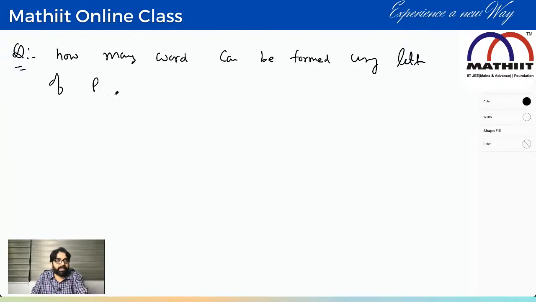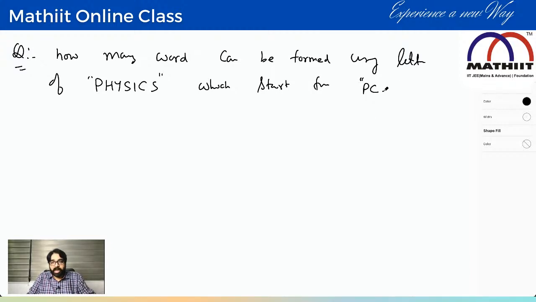You say every time I am taking mathematics, sir; I like physics also. Using the letters of physics, means all the letters you have to take, which start from PC. Means words should start from PC, like this.